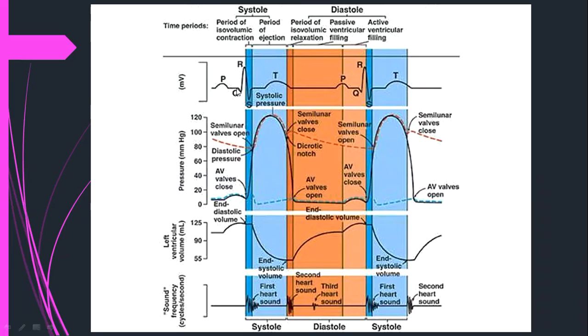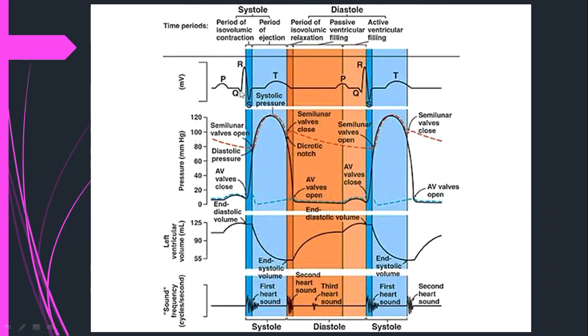At this point you can continue to the next phase, where the AV node relays the signal and sends it to the bundle of His and the bundle branches, down to the apex. Then you have the QRS complex, where the signals are spread to the ventricular wall through the Purkinje fibers.